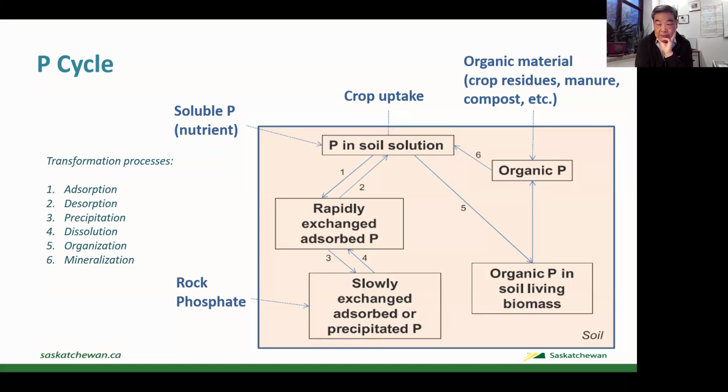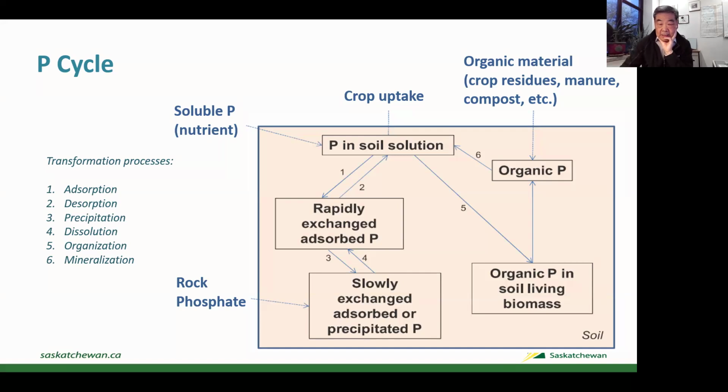The organic P materials are added to the soil, then utilized by the soil living biomass through microbial processes, and that would release part of it into the soluble form, which will be able to be used by the crop. Others would become organic because microbes would assimilate that as their body material to build their biomass.